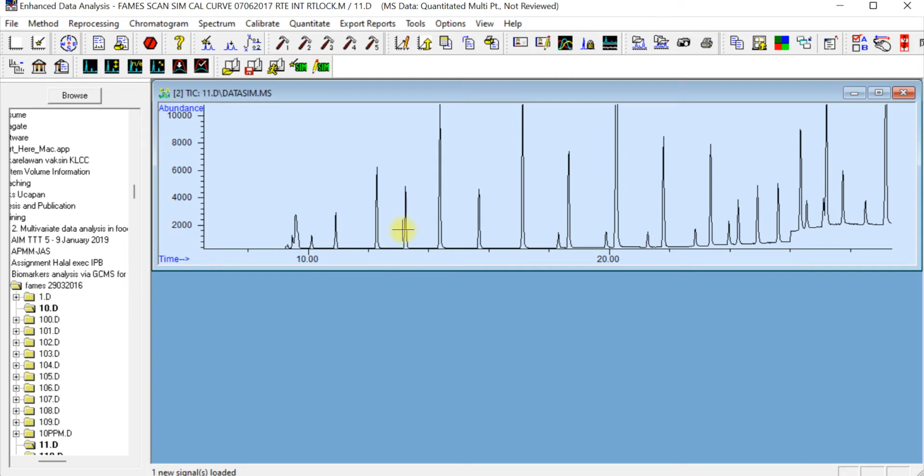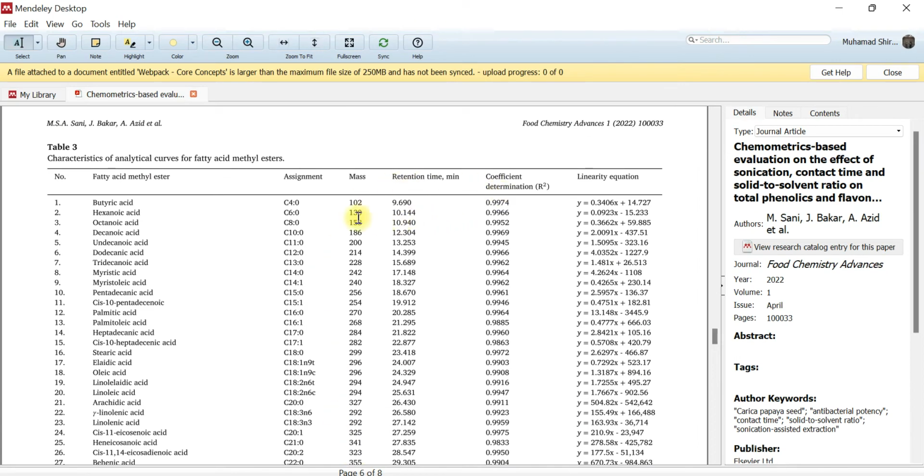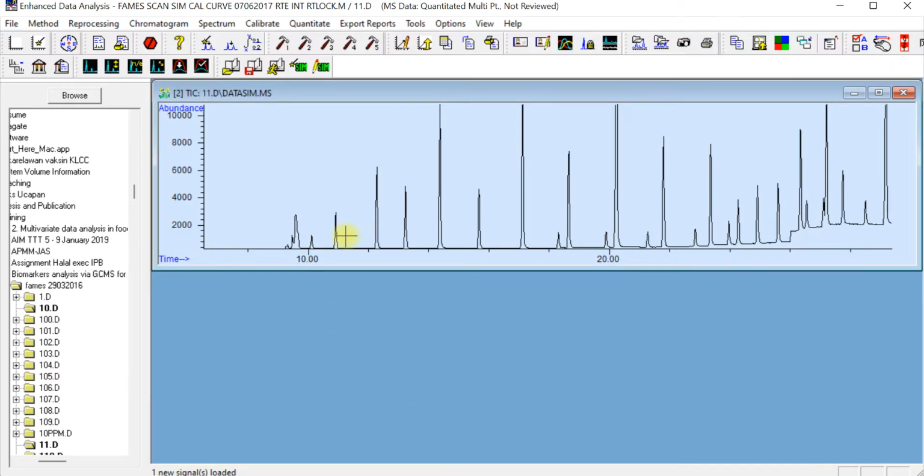So instead of letting the system record or look for other compounds, I want the GCMS system to focus only on these 37 compounds. That's why I use the SIM data, where I put in the setup of mass 102 until 343 for the whole 37 fatty acid methyl esters. In this case, for hexanoic acid, I put 130. Okay, so that's why we get this one.